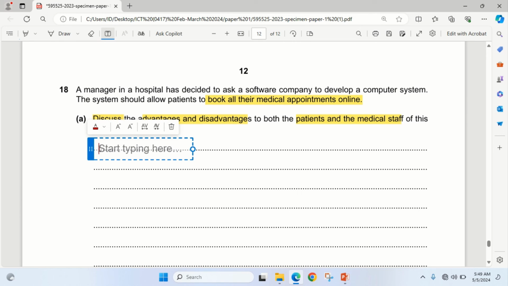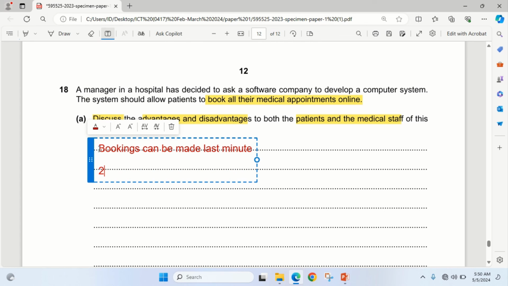One advantage that is very important here is that medical bookings can be made last minute because you're doing online booking. Another thing is that you have access to 24/7 booking opportunities.